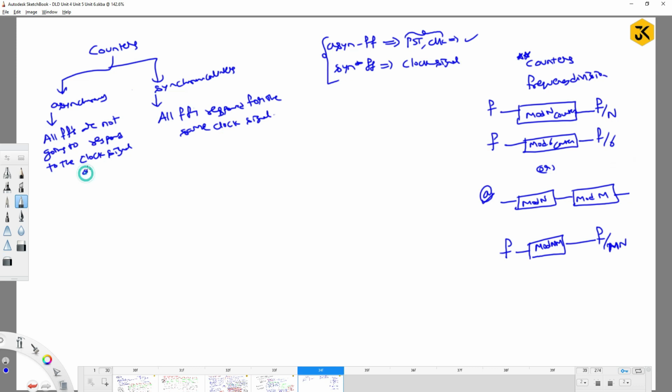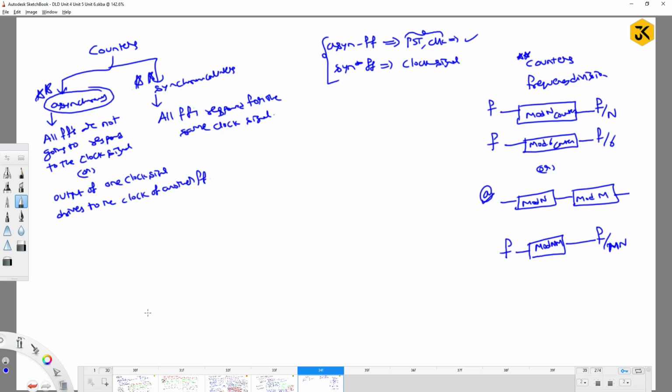Or in other terminology, if the output of one flip-flop drives the clock of another flip-flop, I can call it an asynchronous counter. Both are important, guys. Important, right?